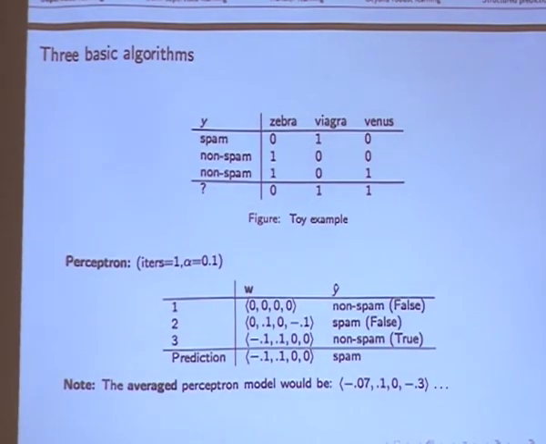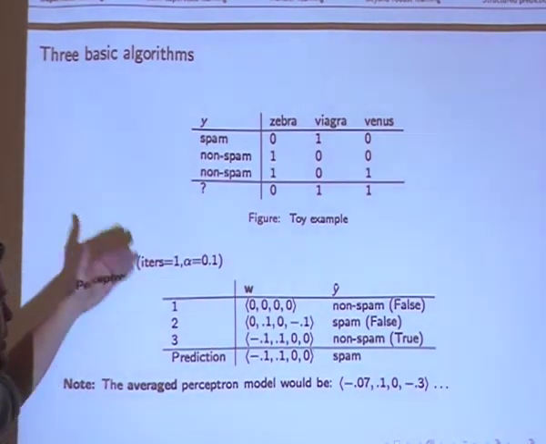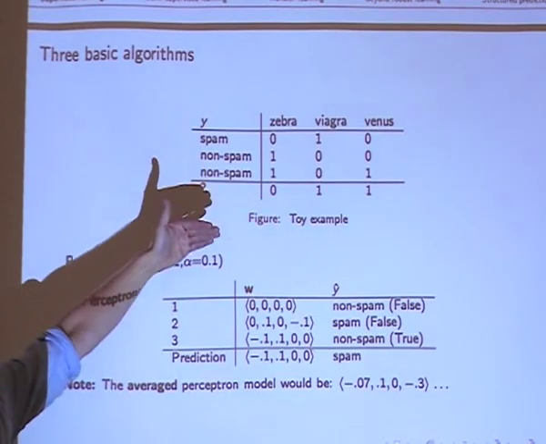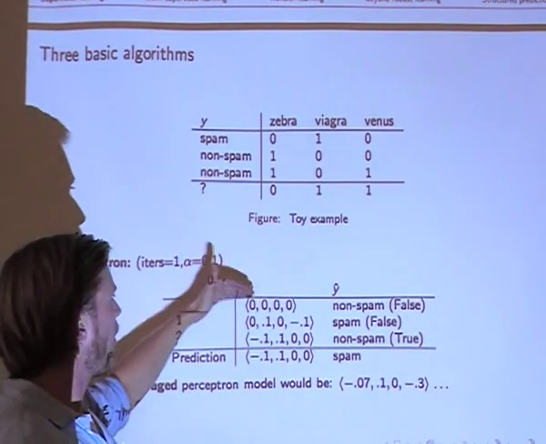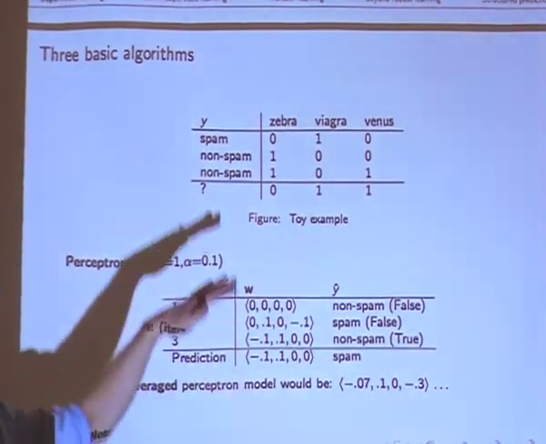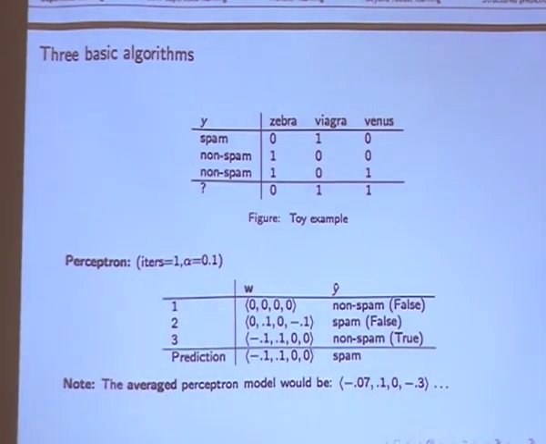And Perceptron is really just maintaining this model. So you start off with a random weight vector or initialize weights as 0, and you run through the different data points. You take the dot product of the weight vector and the data point for every one of your training data points, and you typically do several iterations over the data set.